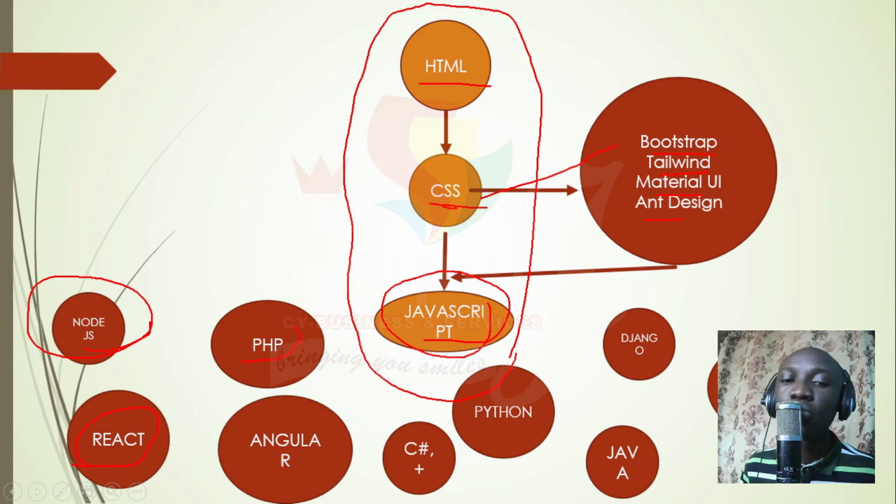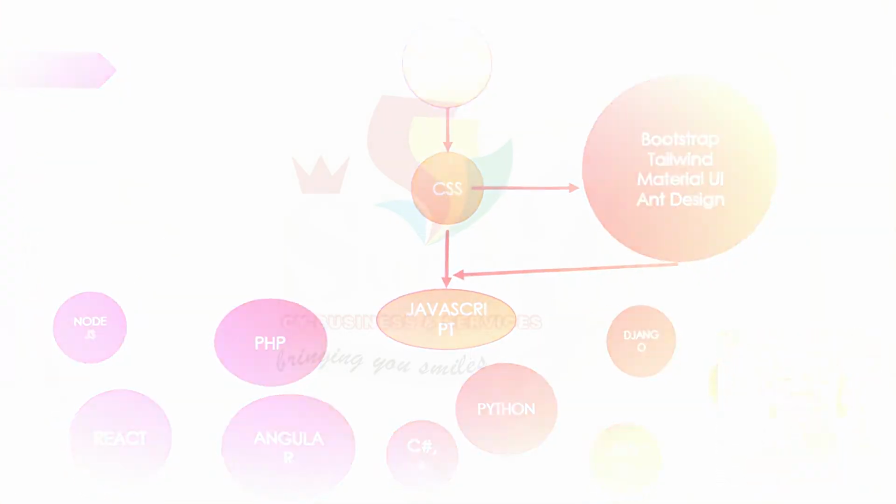Somebody would want to learn PHP, another Angular, another C, C++, C#, Python, or Java. Another person would want to learn Django and MongoDB or SQL. I will explain more of these when we get there, so it is not really something to bother about. Let's just move on with our presentation.